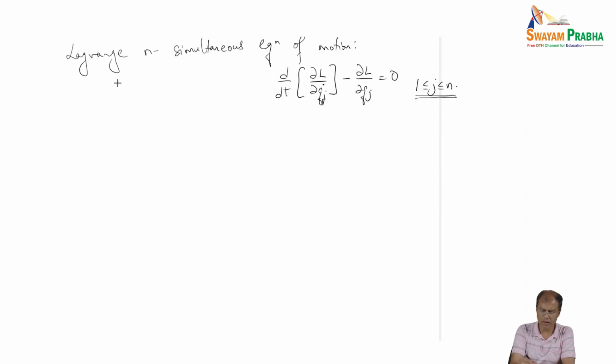So now we are talking about a generalized coordinate vector q1, q2, up to qn.